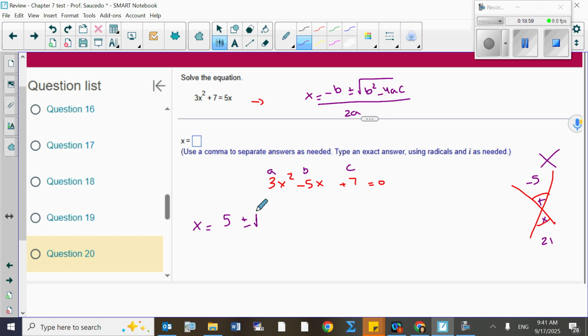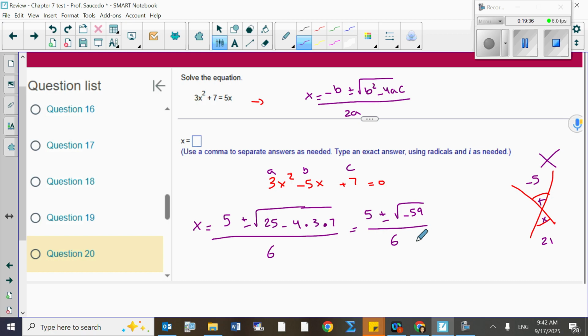Plus and minus the square root of b squared, -5 squared is 25, minus 4 times a, which is 3, times c, which is 7, divided by 2 times a, which is 6. Okay, so this will be 5 plus and minus the square root of 25 minus this number, 4 times 3 times 7, will be -59, divided by 6.